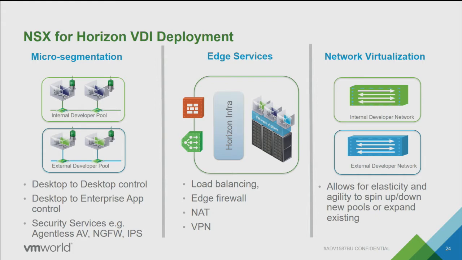That's probably the simplest and lowest hanging fruit from a VDI and end user computing perspective. But you can also gain benefits from the edge services available through NSX, whether it's load balancing the Horizon Unified Gateway, and also network virtualization, and be able to quickly spin up additional layer 2 networks, or even having multi-site solutions that allow for VXLAN overlays across different sites.